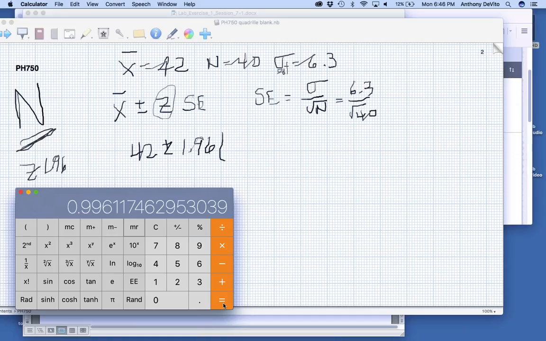Now, I'm going to take that standard error and multiply it by 1.96, so I'm going to do that right now. Oops. Got to do it again. Let's see. 6.3 divided by memory times 1.96 is equal to 1.94.